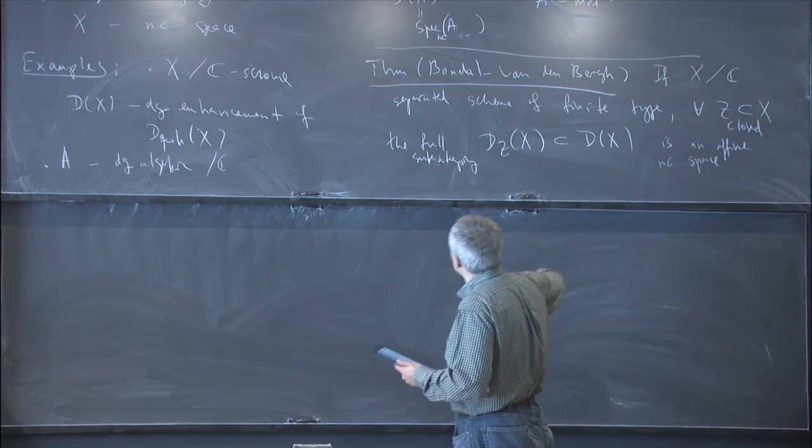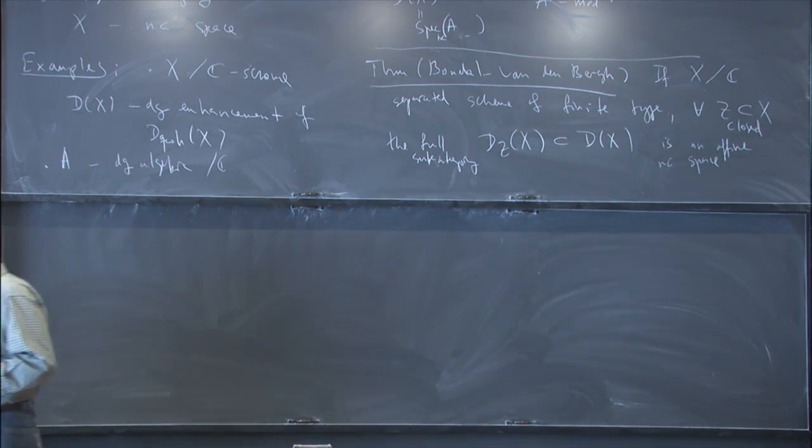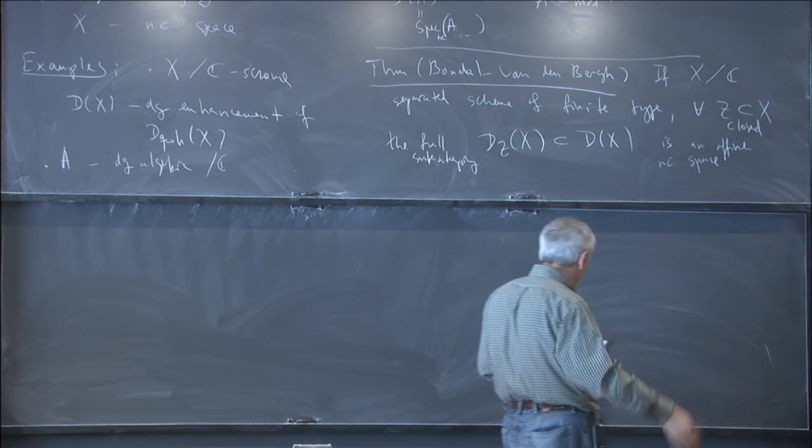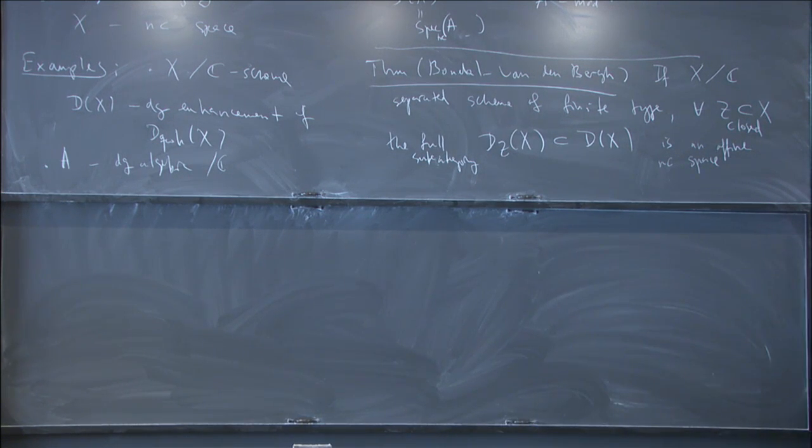And so the problem is that this is not going to work for schemes which are not quasi-separated or are not of finite type, and you would like some substitute for that if you want to understand equivalences and if you want to understand gluing.